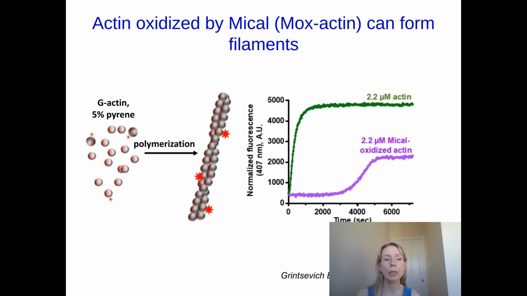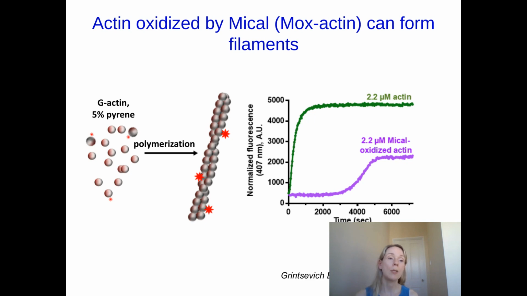What you're looking at here is a bulk actin assembly assay, which is assisted by pyrene fluorescence. And what we have here is a fraction of actin monomers which are covalently modified with pyrene maleimide. And they do fluoresce as monomers.